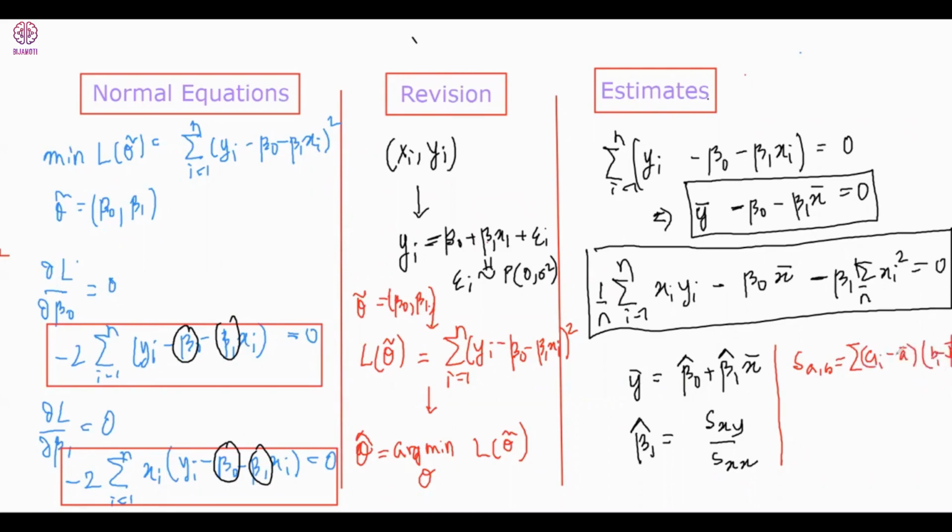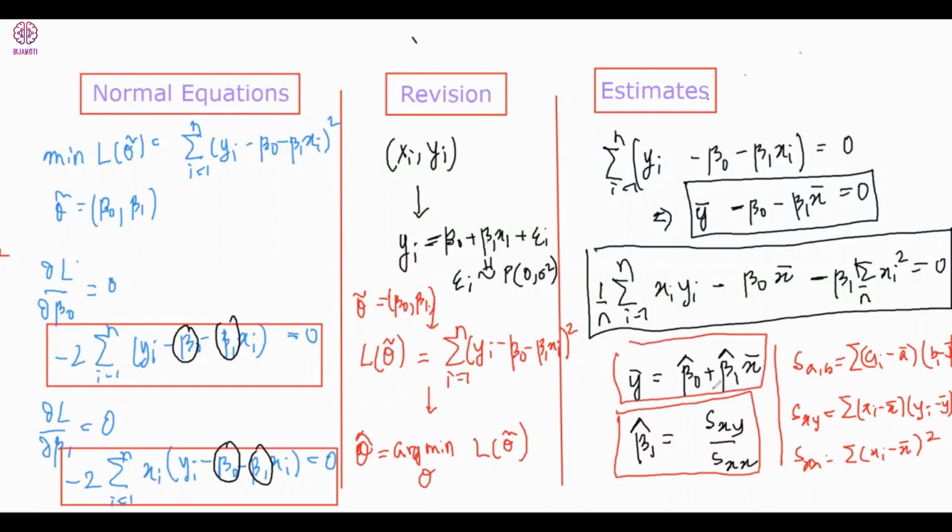Therefore Sxy is the summation of xi minus x bar times yi minus y bar, and Sxx is sort of the variance, not exactly the variance, but the summation of xi minus x bar whole square. Remember this, and from here you get beta 1 hat, and from here you will get beta naught hat.